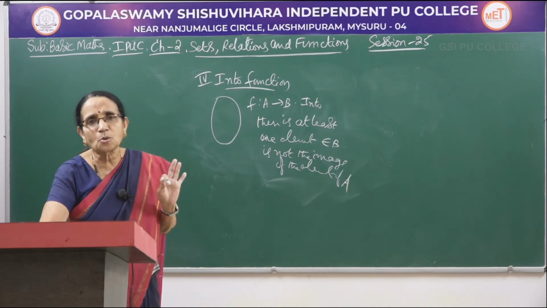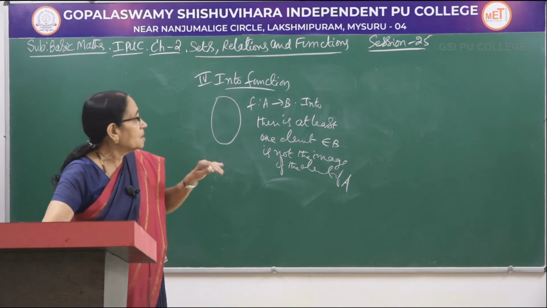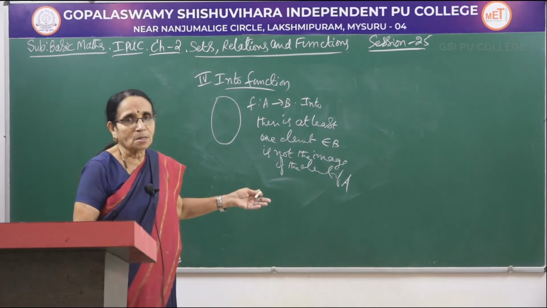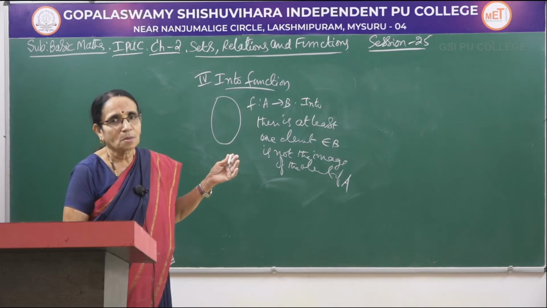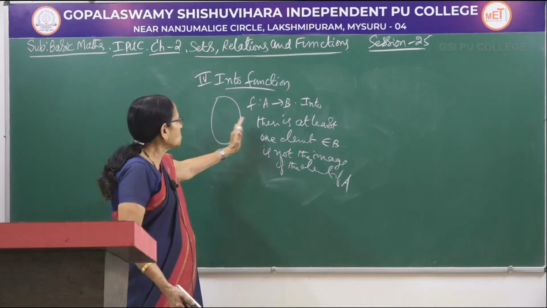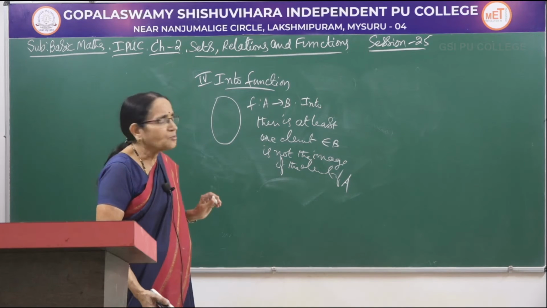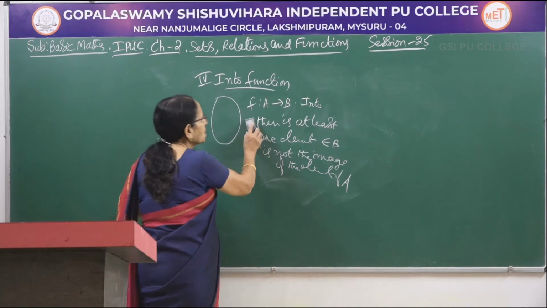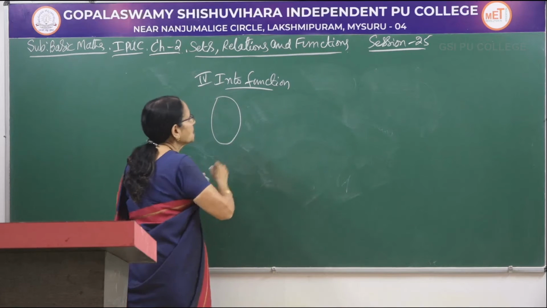At least there has to be one element in the set B which is not the image of any element, or we can say which does not have the pre-image. I hope you remember this one. Here to here we call image, here to here we call it a pre-image. If there is at least one element in the set B which does not have a pre-image.